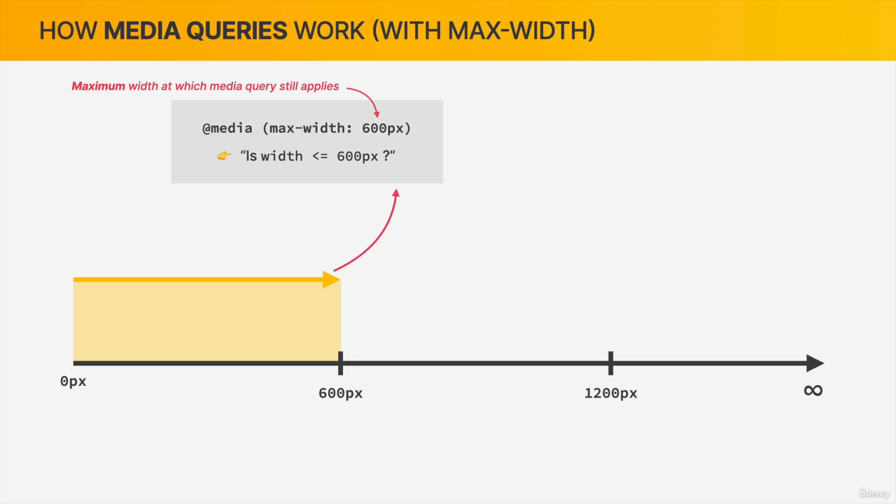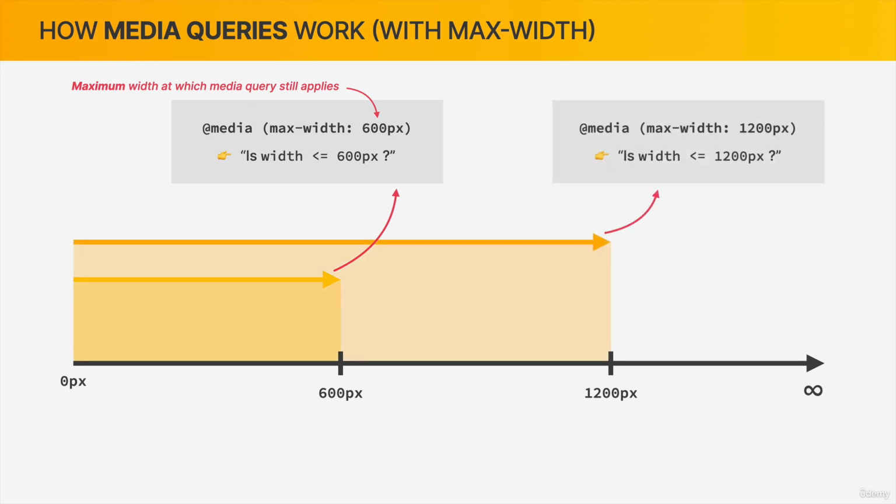All right. Now let's try another one, because of course we can create more than just one media query. So for example, if we wanted to cover the space from 0 to 1200 pixels, we would write a media query like this. So now we have max-width 1200 pixels. And so this media query basically asks the question, is the width less or equal than 1200 pixels? And if it is, then of course this code that is in this media query will be applied.